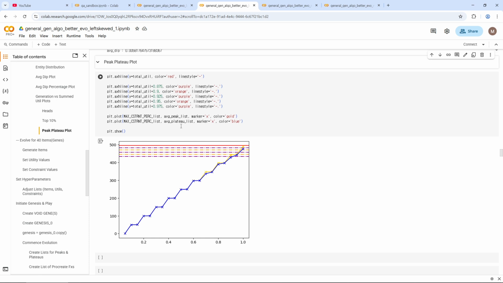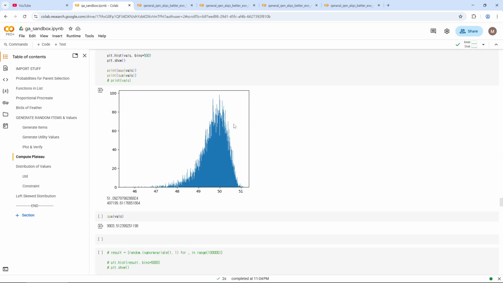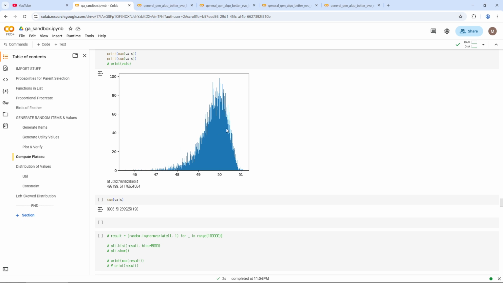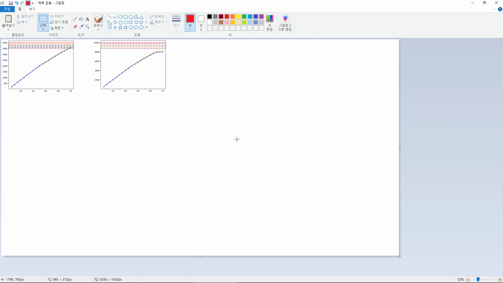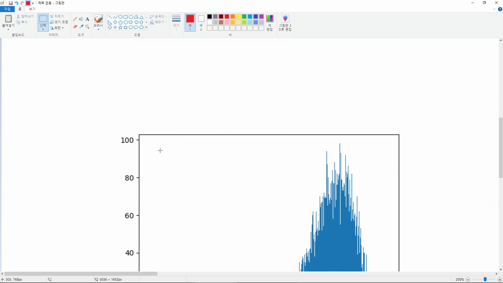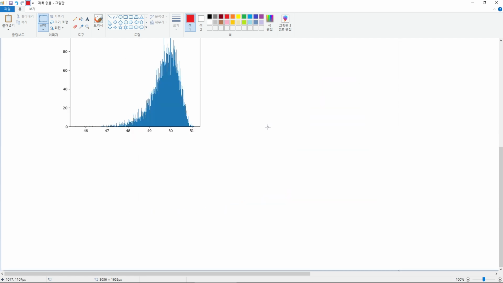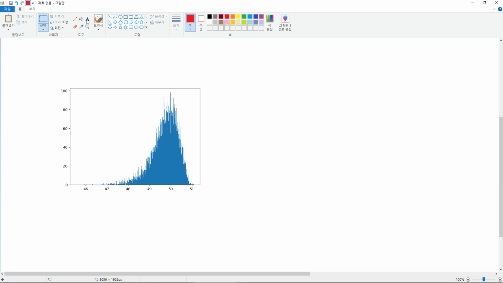So my conclusion is that when you sample values from something like this, although these values are left skewed, they're not this much left skewed. So I'll need to find another one that does this.